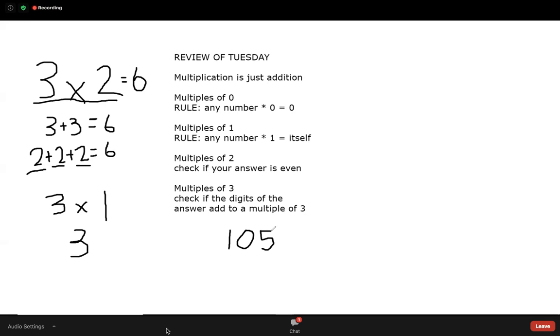Let me know yes or no in chat. Okay, I'm seeing a couple yeses, a couple no's. It's quite mixed up right now. So I'll give everybody a shot to put their answer, and then we'll work through this together.